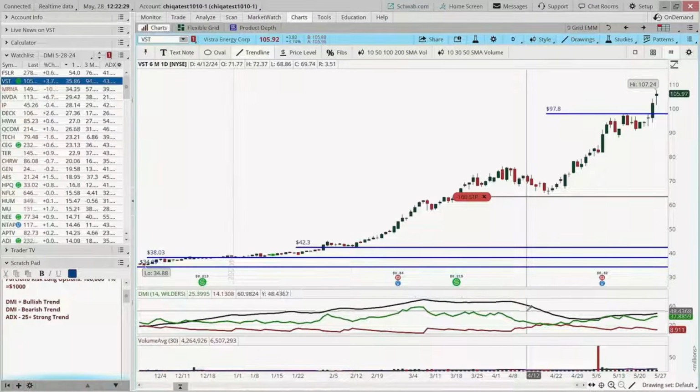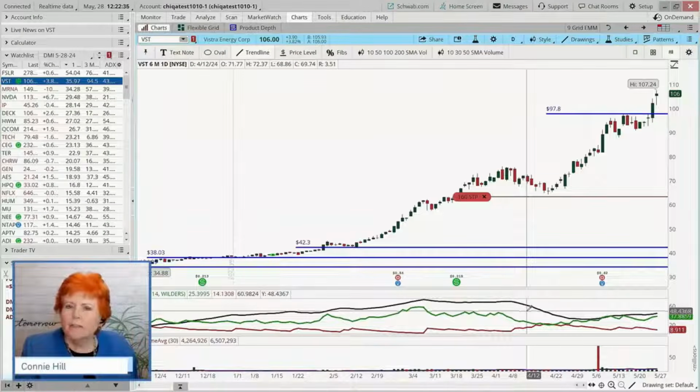Really, as far as a technical concern, as long as it's above 40, then we're really not that concerned that it's pulling back. But if it breaches 40 and goes down below 40, then we may say, ooh, a new trend might be starting to appear. We might be starting to see a trend reversal.